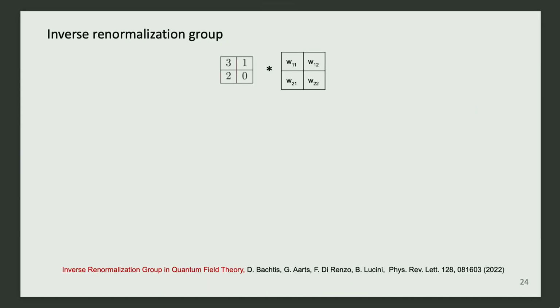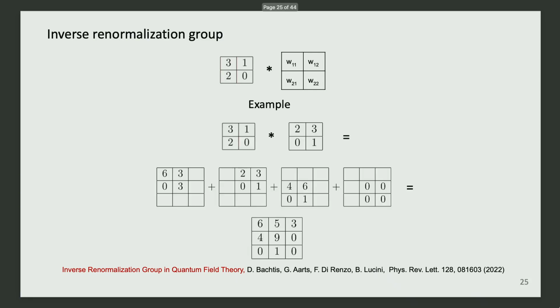And I want to give you the intuition of what it means to apply a set of transposed convolutions. So if we assume that we have an original lattice size, and we have a filter that depends on a set of weights, then if we apply the transposed convolution, this is what the mathematical operation looks like. And the idea is that we want to learn the best values of W's that are able to best approximate the inversion. And of course, we don't have to apply only one transposed convolution.